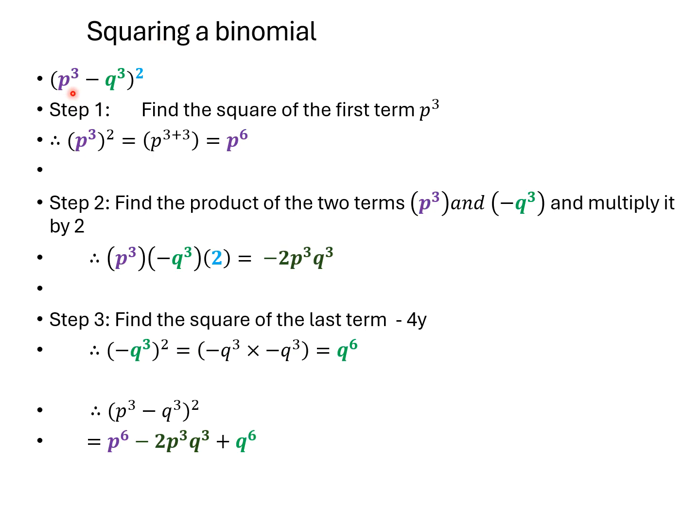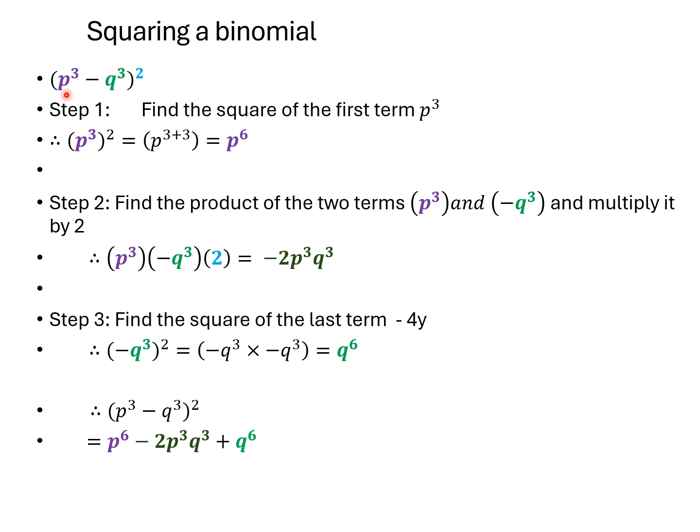Right, they gave me p cubed minus q cubed, all squared. So again, we're going to find the square of the first term, p cubed squared, which is the same as saying 3 times 2 if we apply law 3, or if we say p cubed times p cubed, it becomes p to the power 3 plus 3, which gives me p to the power 6.